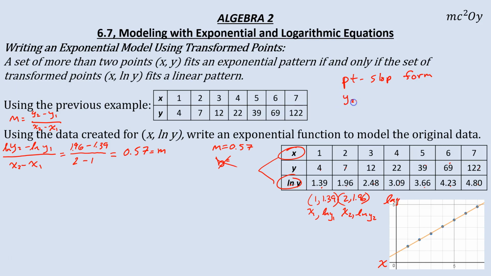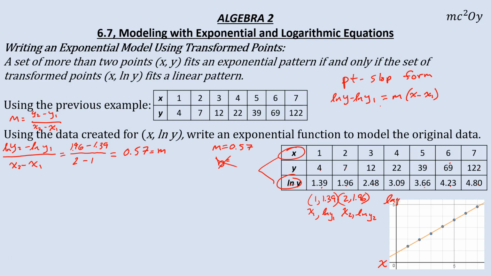That says y minus y1 is equal to m times x minus x1. And rather than having y and y1, remember I'm now at ln y and ln y1, right? So I'm going to use that.